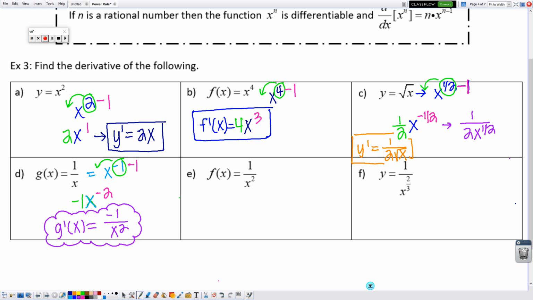Alright. So now we should be able to do letter E exactly the same. So I'm going to go ahead and do that.